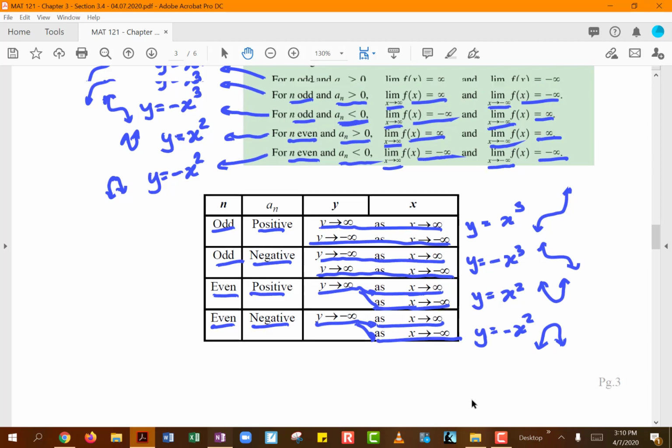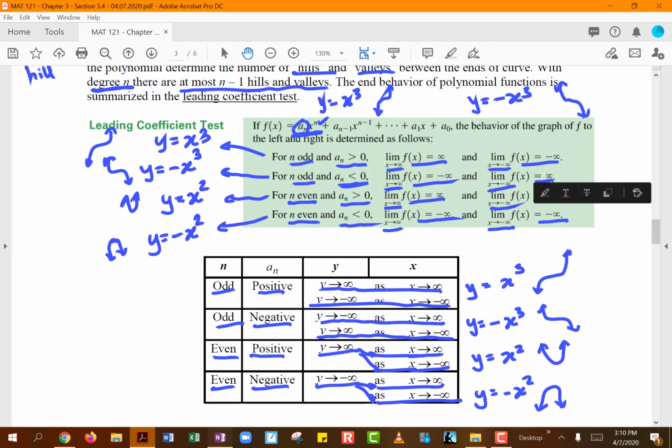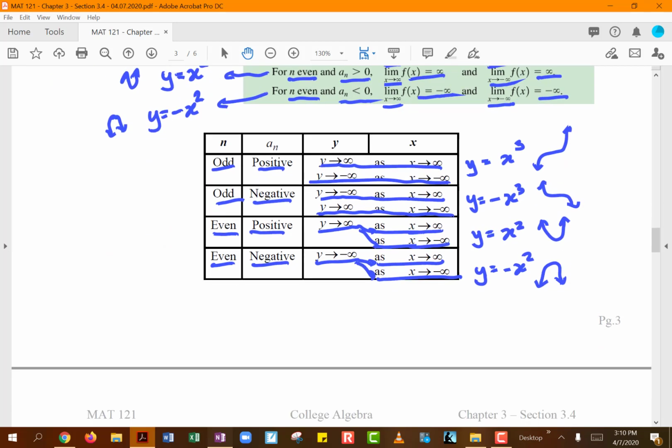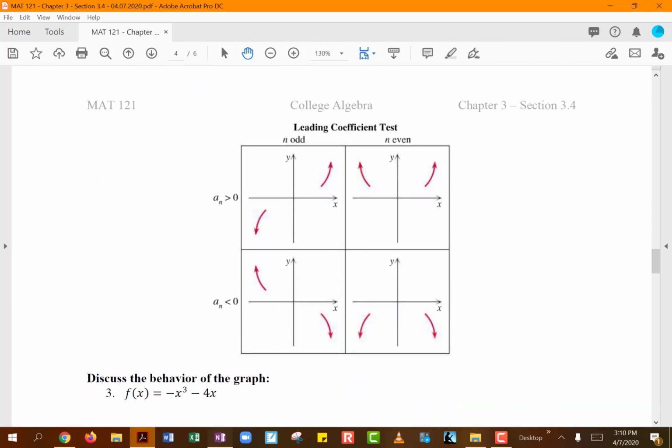Okay? So in terms of the limit over here, the leading coefficient test, you have this little table to help you out, and then you have this little graph. So this is when you have a positive coefficient and an even function. You can see these arms basically look like a parabola.